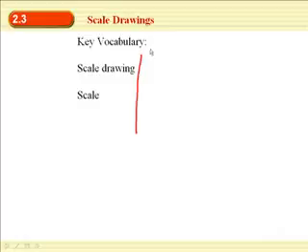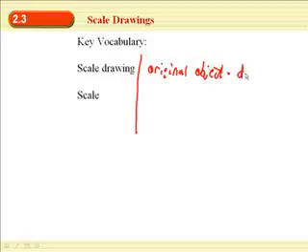It says a scale drawing takes the original object and it is a drawing that is the same original object, but it is a different size.